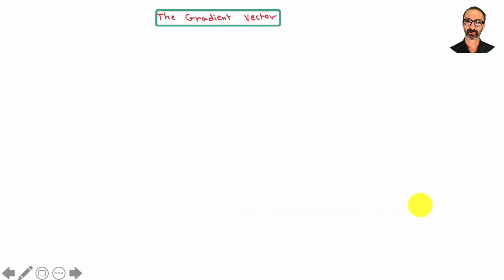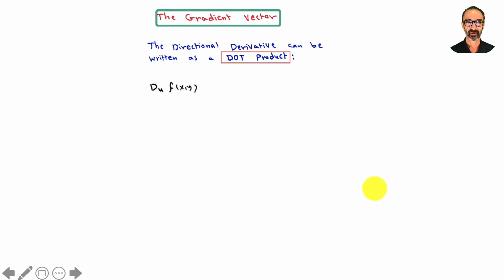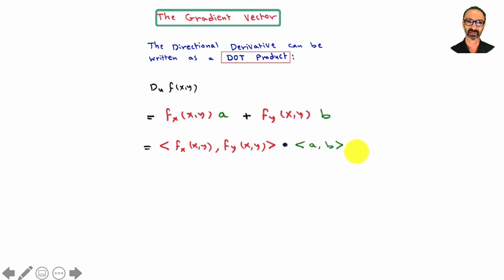The gradient vector. The directional derivative can be written as a dot product. That's interesting. This is the directional derivative formula. We know it, we saw it earlier. But look at it: it's a multiplication of two things here and a multiplication of two things here. If I take it back as a dot product, I can see it coming from here.